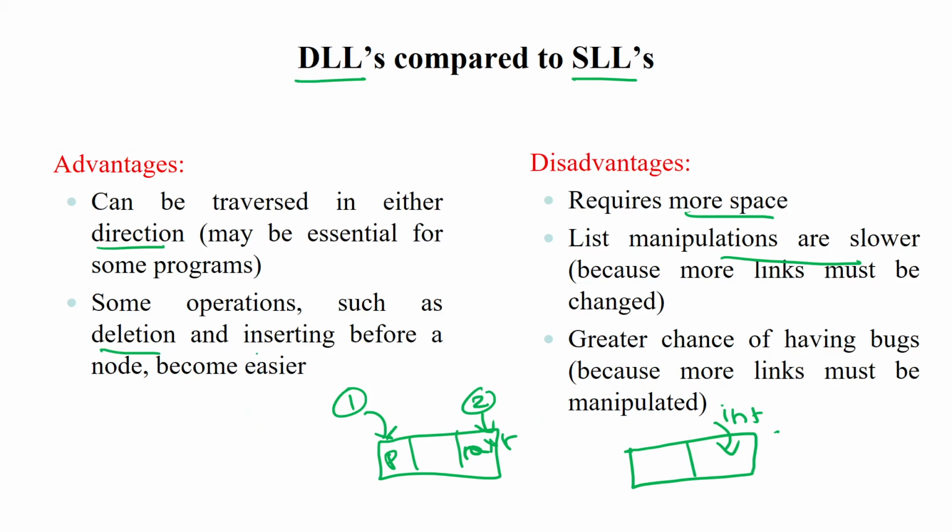But there is the possibility of moving in backward and forward directions, so deletion and insertion are very easy compared with a singly linked list. But here there is a possibility of more errors because we have two links for each and every node. This is the difference between a doubly linked list and a singly linked list.